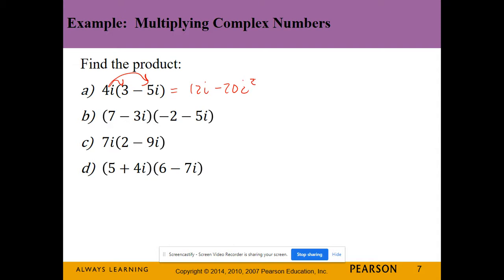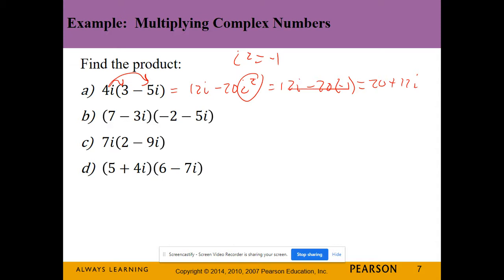But we're not going to leave i squared because remember, it's negative 1. We're going to swap that out. So you've got 12i minus 20 times negative 1. Negative 20 times negative 1 is just positive 20. And remember, the standard form is that the real number comes first. So 20 plus 12i, your final answer there.